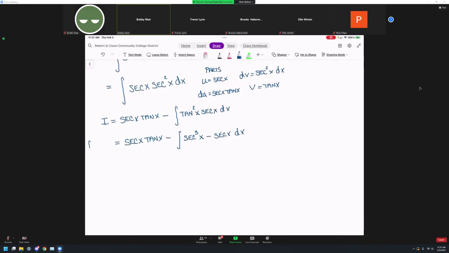Okay, and so that is the integral of secant cubed x.